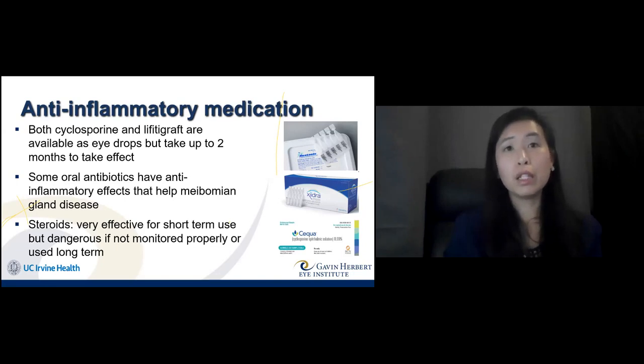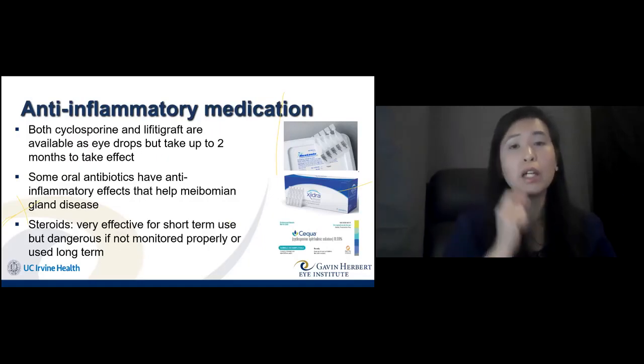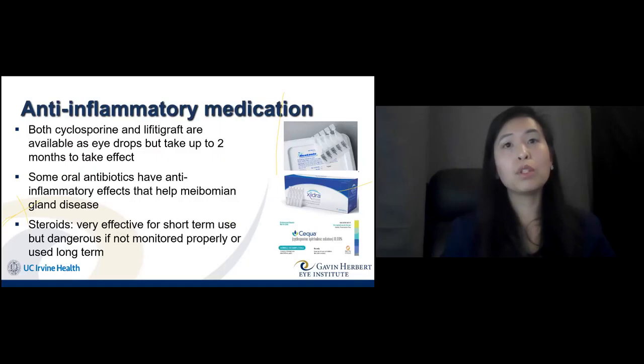So one thing is, it is known that these medications burn upon application. That is a known side effect. And particularly when you're starting with really inflamed, very severely dry eyes, they can burn even more. But you'd have to use these drops consistently twice a day, every day for at least a month, maybe up to 2 months before you even feel a difference.